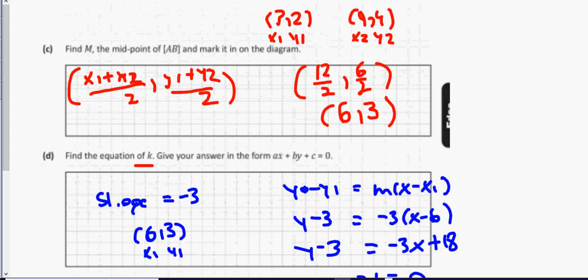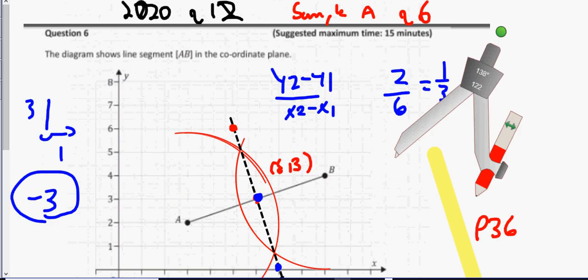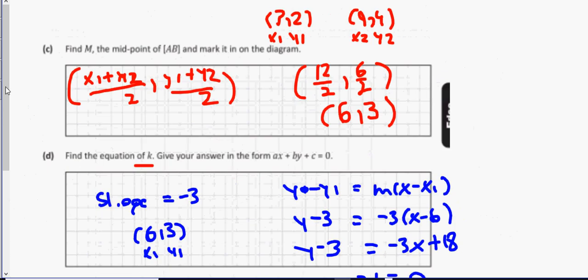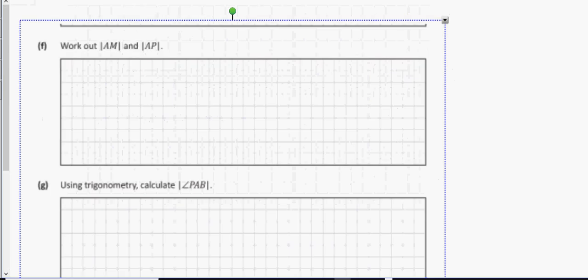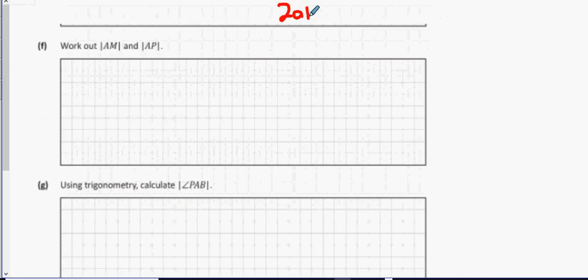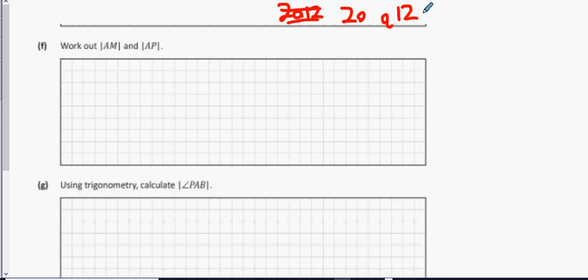Just give me 1 sec. 2020, question 12, sample A, question 6. That's the last 2 steps. Okay.